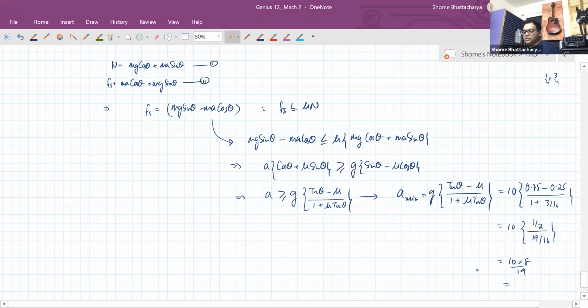So 80 by 19, or approximately 4.21 meters per second square. This is the minimum acceleration that I can give the system.